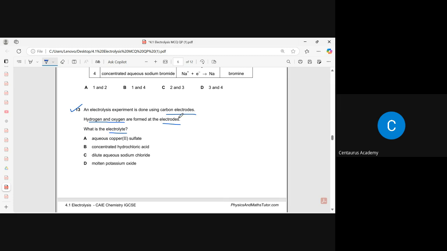Look, what do we have? What products do we have at both of these electrodes? We have hydrogen, which is produced at the cathode, and at the anode, we have oxygen. Now, if you look into all of these options, the first option says aqueous copper 2 sulfate. Aqueous copper 2 sulfate means that copper and hydrogen are present within the electrolyte, right?